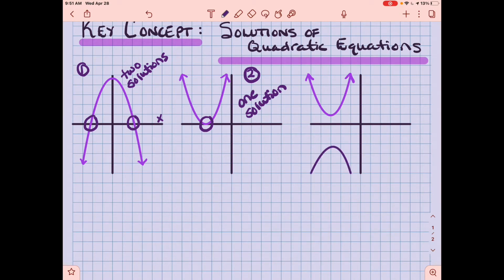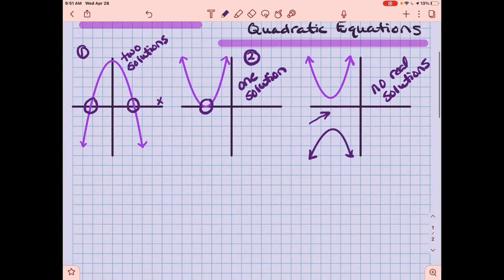All right. Down below like that, but neither of these cross. There's no crossing here, and so there's going to be no real solutions. So we're looking for one of these 3 situations today.